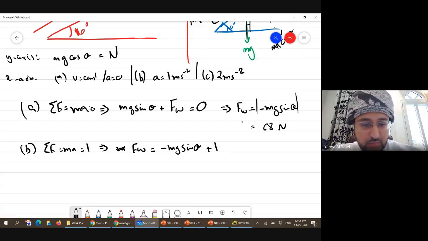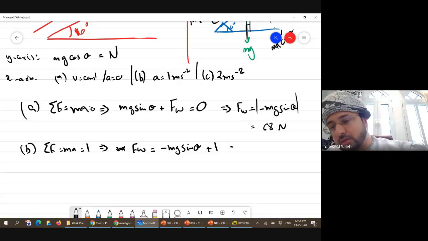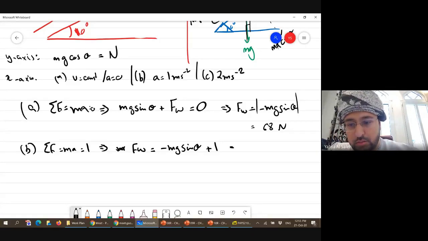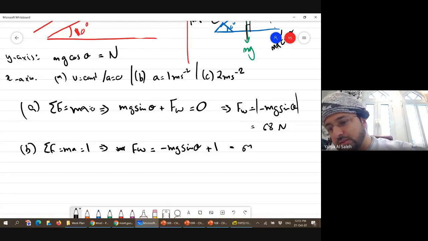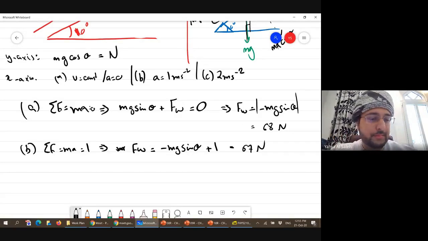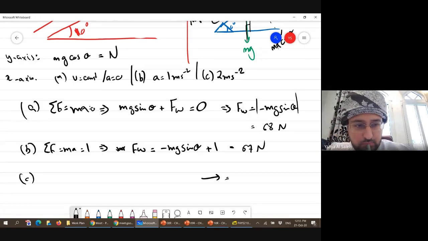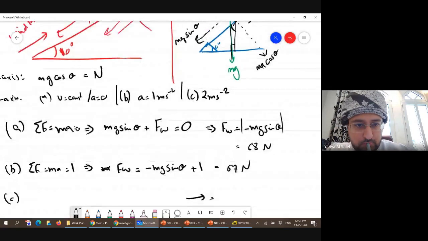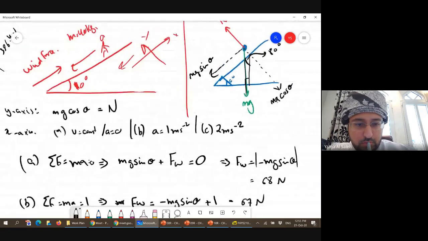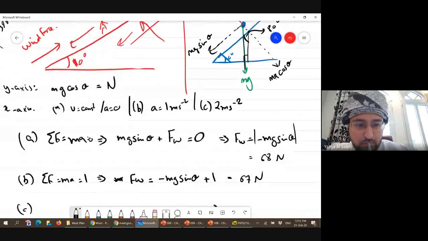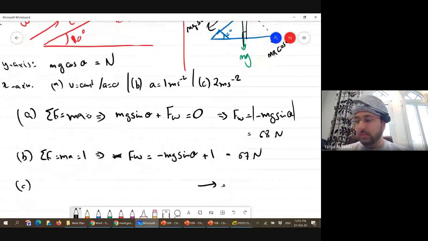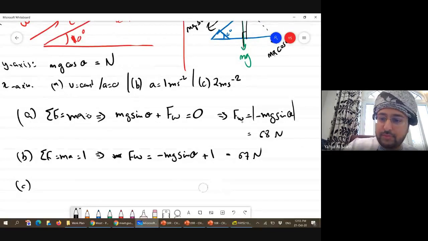Minus mg, and it should be 1 on the other side. So it should be giving us 67 newtons. And C, using the exact same thing... actually no, I made a mistake. The first case is correct.